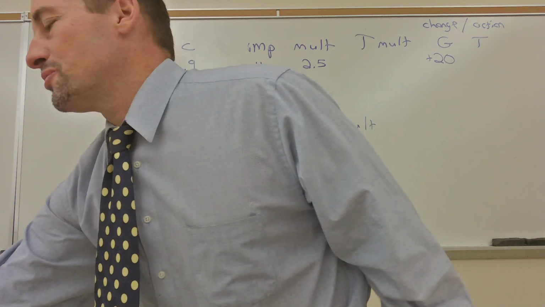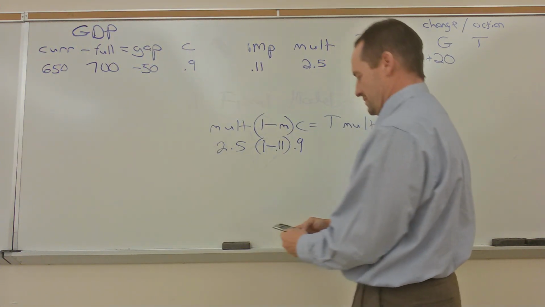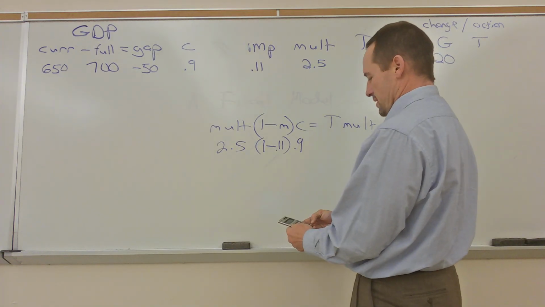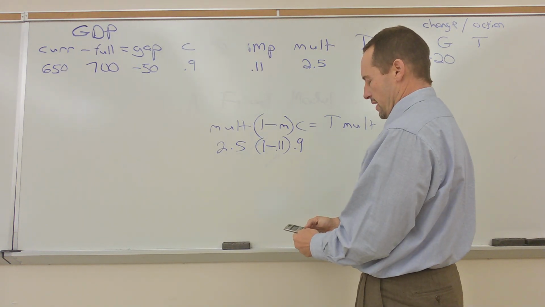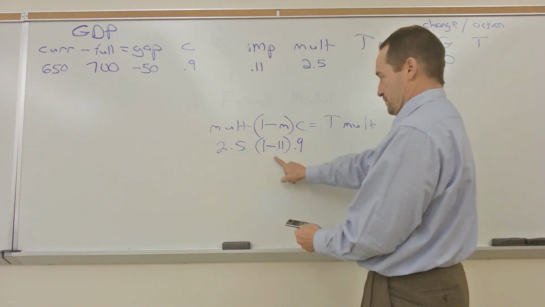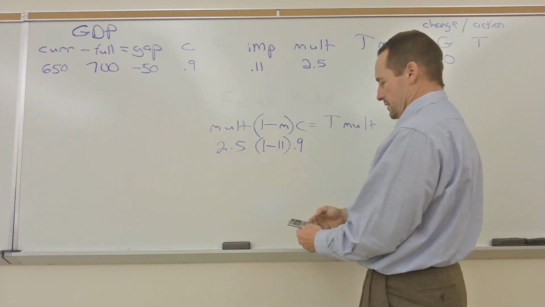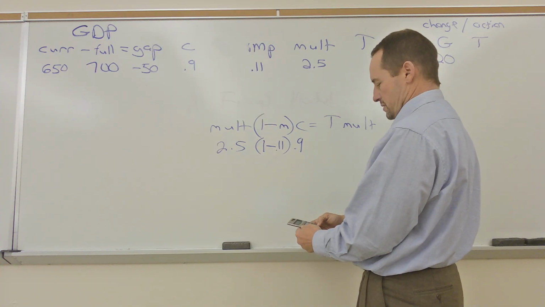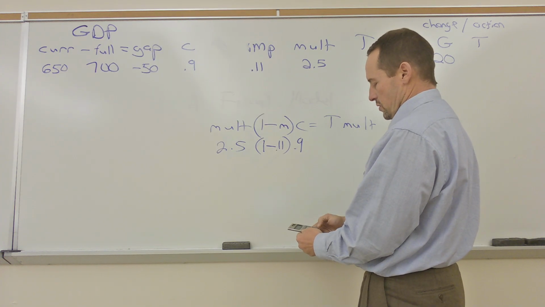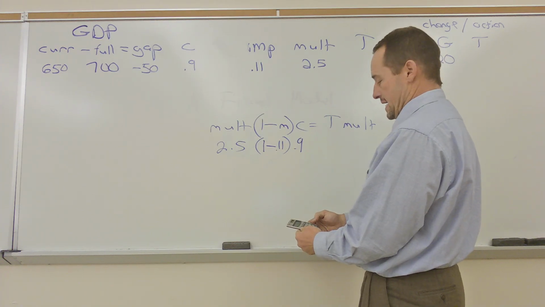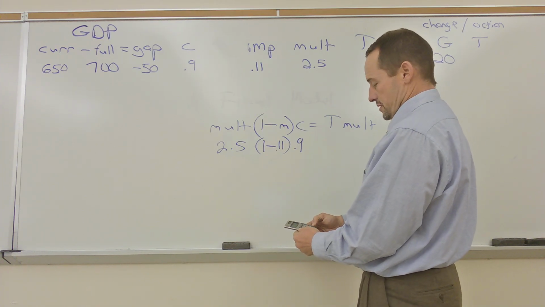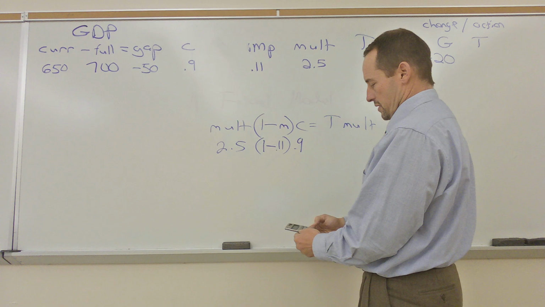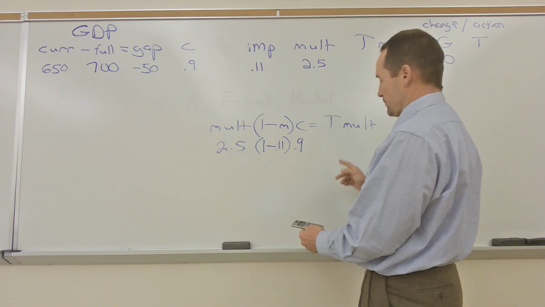So if I use my trusty calculator here, 0.89 times 0.9 will give us 0.80, and times 2.5, of course, is going to give us 2.0.